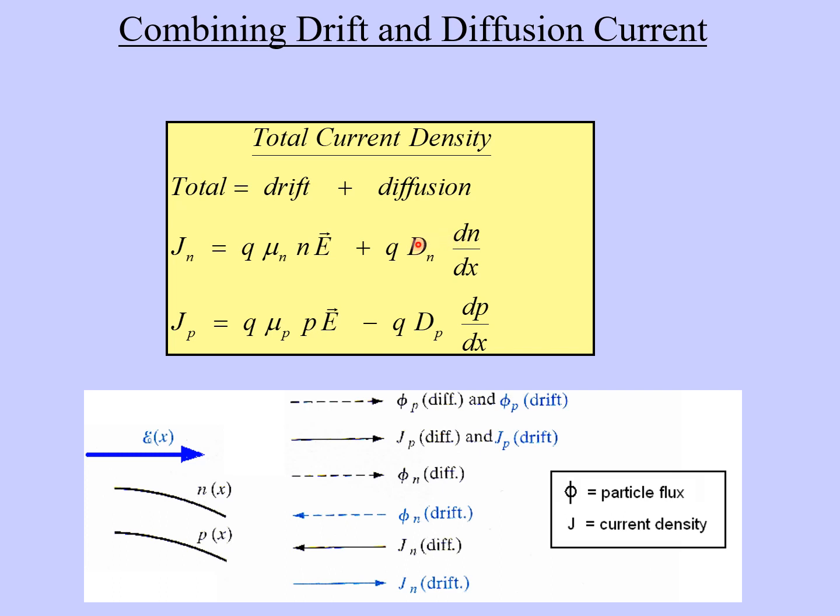And then the expression on the right, the last term, is the diffusion current, which we just talked about in the last slide. So this combines our results and puts it all together in one equation. But for this course, we're really going to be dealing with one or the other of these, and it'll just depend on the type of application that we're dealing with.